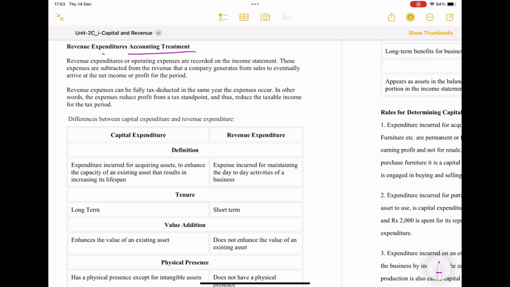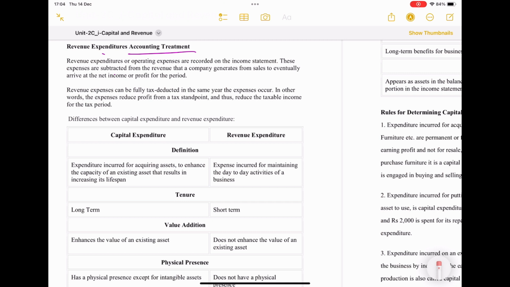Revenue expenditures or operating expenses are recorded in the income statement, and these expenses are subtracted from the revenue that the company has generated from sales, to eventually arrive at the net income or the profit for the particular period. As I said earlier, capital expenditures always will be in the balance sheet. Revenue expenses will be reflected in the P&L statement.